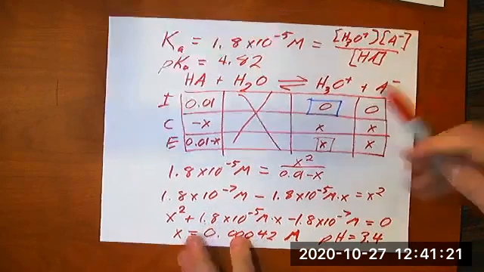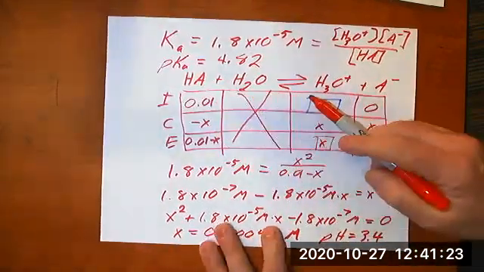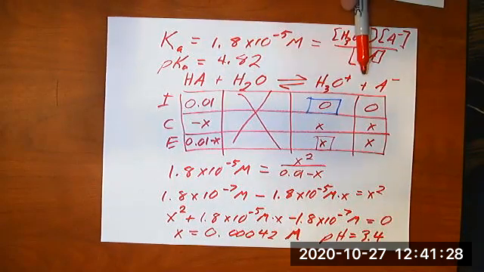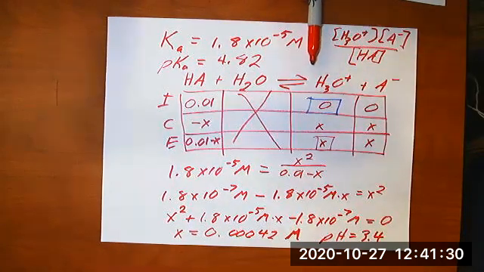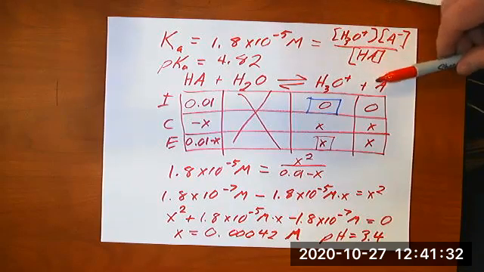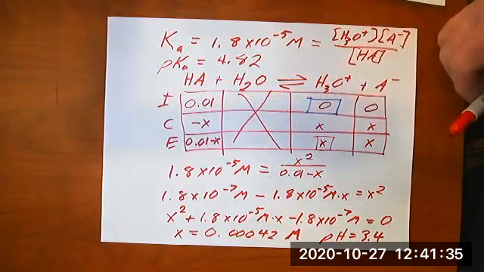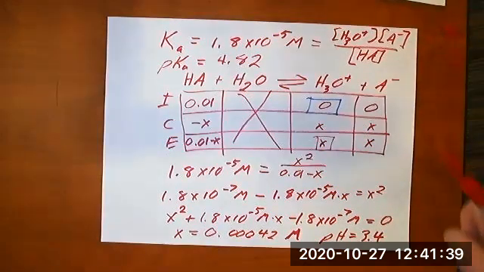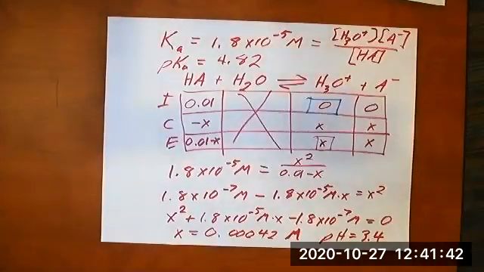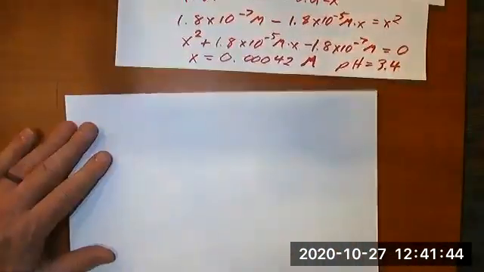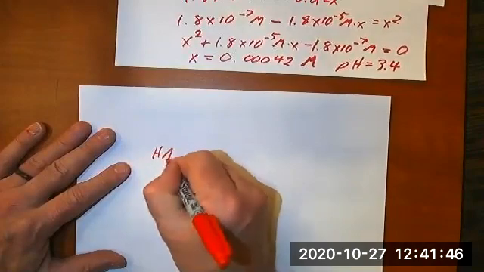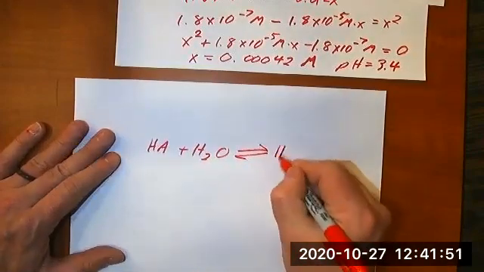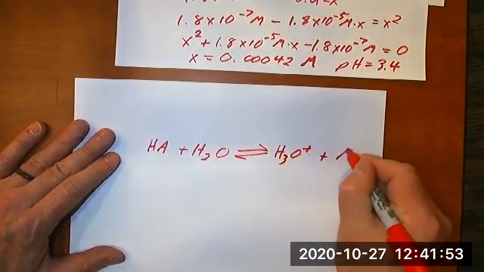Okay. Let's look at this reaction a little more closely now. Notice that because the reaction is reversible, the reverse reaction is also a Bronsted-Lowry acid-base reaction. So let's take a look at this example. HA plus H2O in equilibrium with H3O plus A minus.